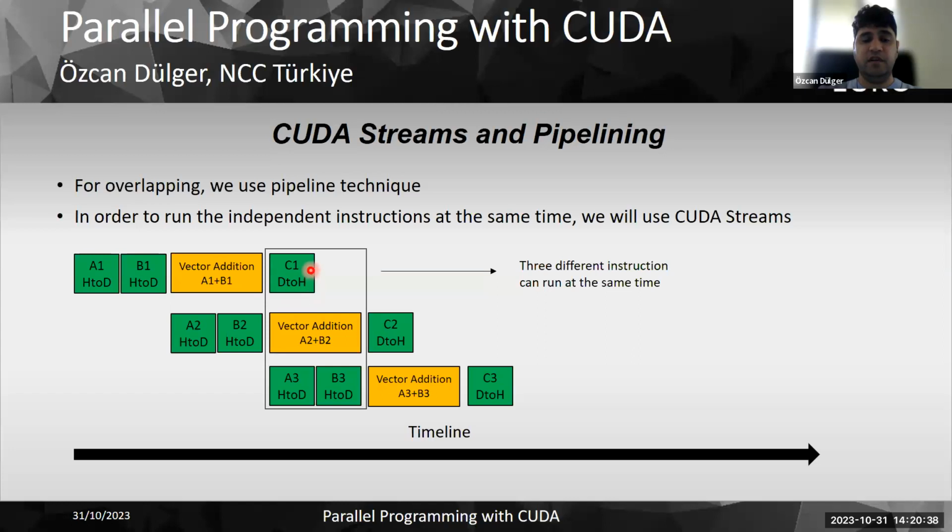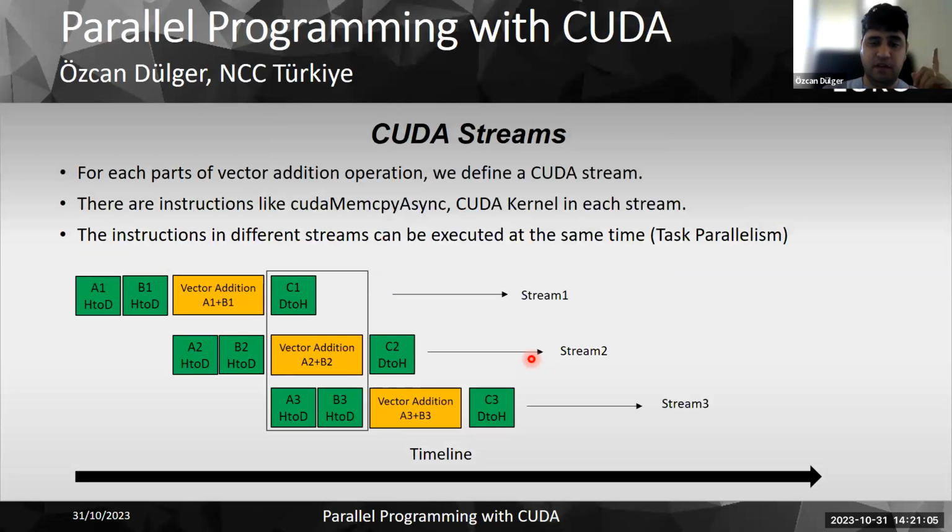We overlap transferring data from GPU to CPU in the first part with the vector addition of the second part, and transferring data from CPU to GPU for the third part here. Now we overlap them. These instructions can run at the same time. So we can create a stream for each part of the vector addition.